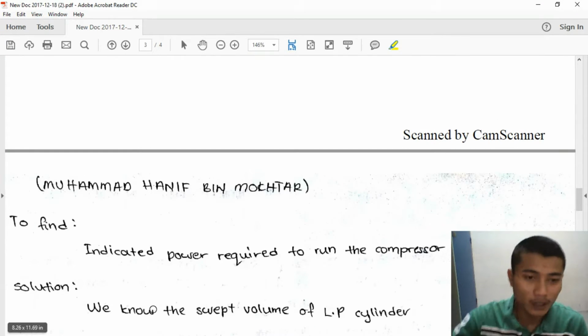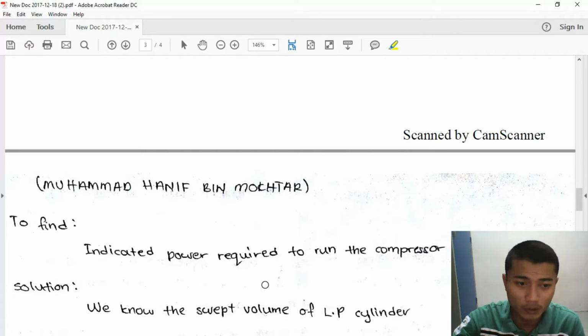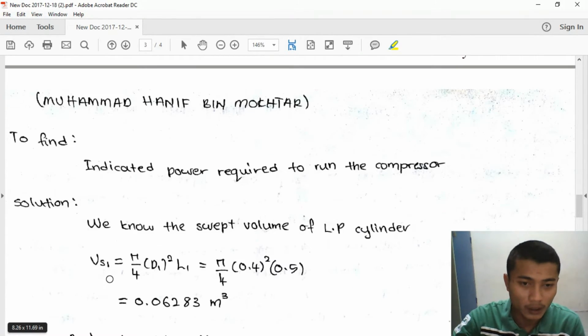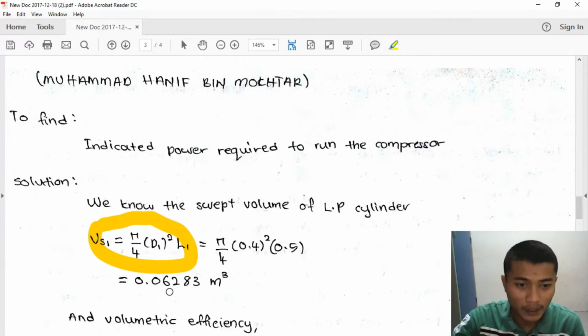First, to find the indicated power required to run the compressor, we should know the swept volume of the LP cylinder. The swept volume 1 equals pi over 4 times D1 squared times L1. Applying this formula, we get 0.06283 meter cubed.